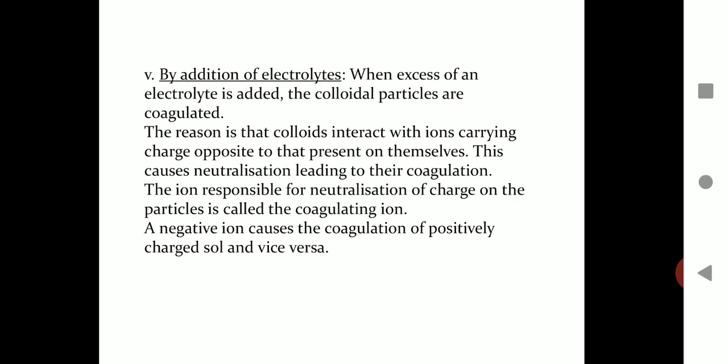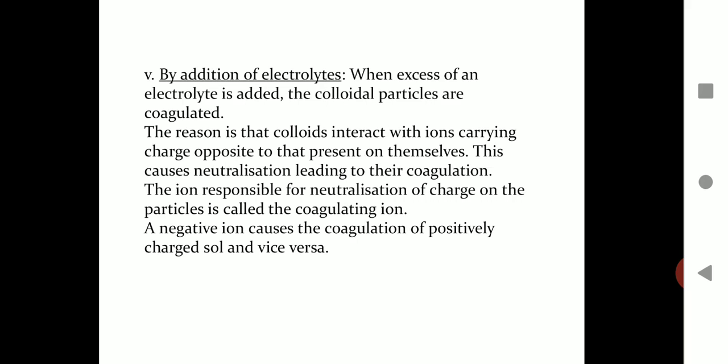The next method could be by addition of electrolytes. Now electrolytes produce both positive as well as negative ions in the solution. So when an electrolyte is added in excess to a colloidal solution, then the ions of the electrolyte, which are opposite in charge with respect to the charge present on the colloidal particles, will start neutralizing the charge of the colloidal particles.